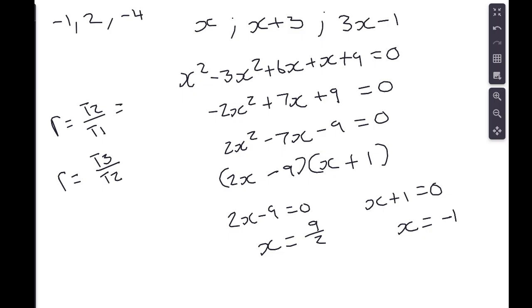So term 2 over term 1 is 2 over negative 1. Over here it's going to be negative 4 over 2. So 2 divided by negative 1 is negative 2. Negative 4 divided by 2 is negative 2.